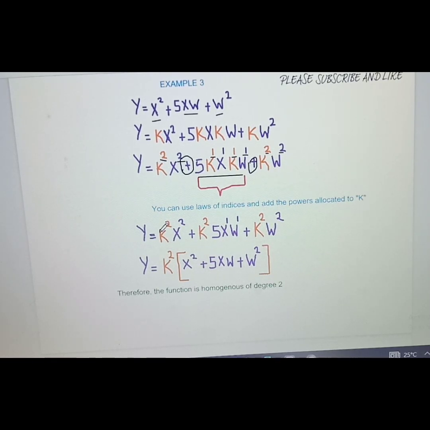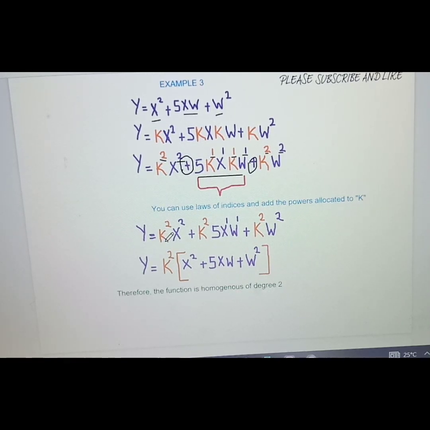Because you can use the laws of indices in this case, you can now rewrite the equation to be y is equal to k to power 2, x to power 2, plus, remember that 1 plus 1 is 2, so k raised to power 2, 5x raised to power 1, w raised to power 1, plus k raised to power 2 and w raised to power 2. So you factor out the like term, so you're going to get y is equal to k raised to power 2.